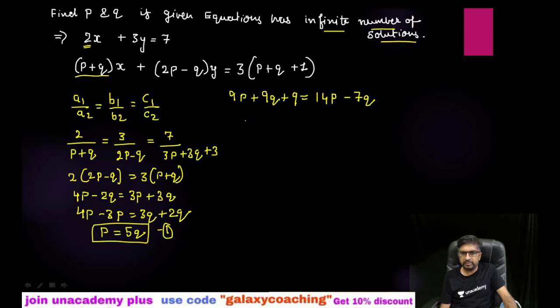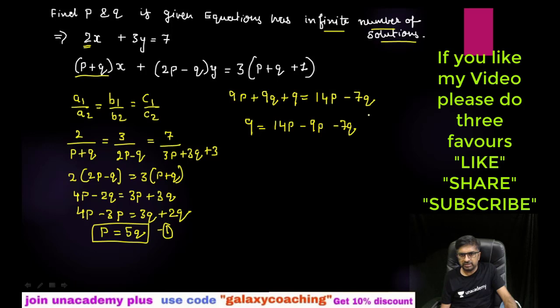I will take 9p to the other side because I want positive p. So 9 equals 14p minus 9p, and minus 7q was already here and this minus 9q will come. So 9 equals 5p minus 9 minus 7, minus 16q.